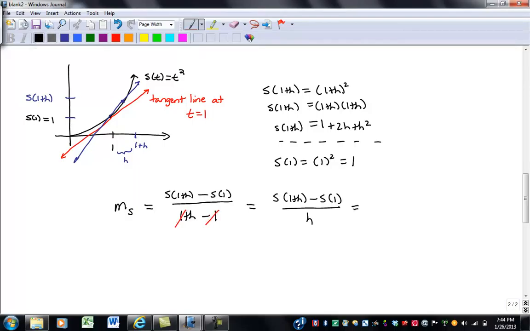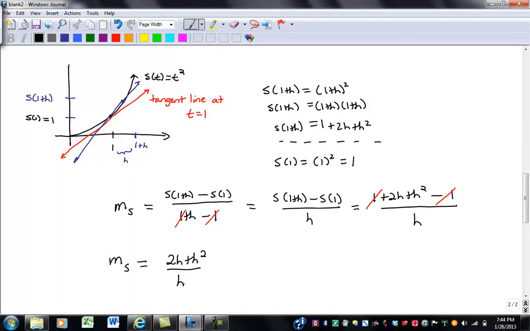Well, s of 1 plus h is 1 plus 2h plus h squared, minus s of 1, which is 1. And again, these plus and minus 1s add to 0 here. And I get the slope of the secant line is 2h plus h squared over h.